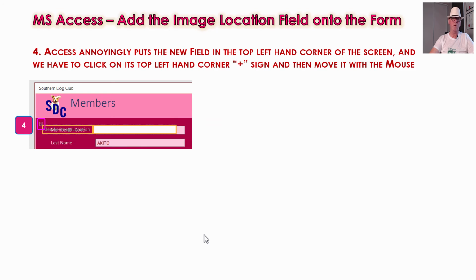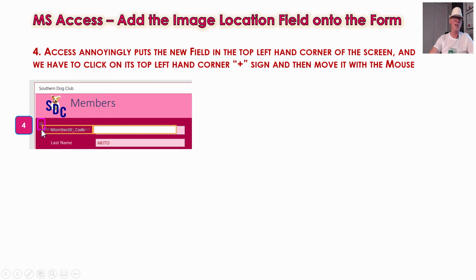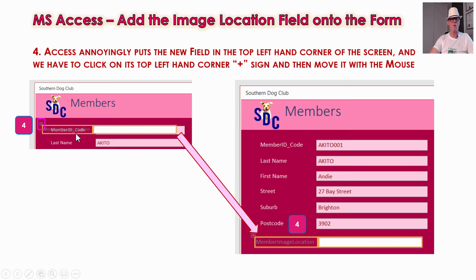Now the only problem is Windows annoyingly puts it onto the form right up in the left hand corner on top of member ID code. So you have to grab this little plus sign, which you can hardly see. See how there's a north, south, east, west plus sign navigation thing here. You need to click on that. So you've got the label for the image location and its box, all right? And then once you've got that, you can just drag them.